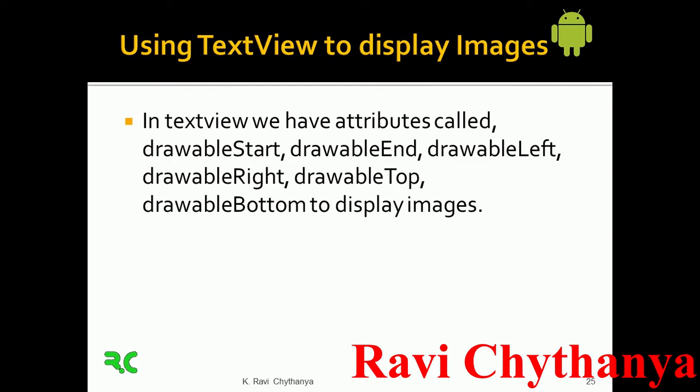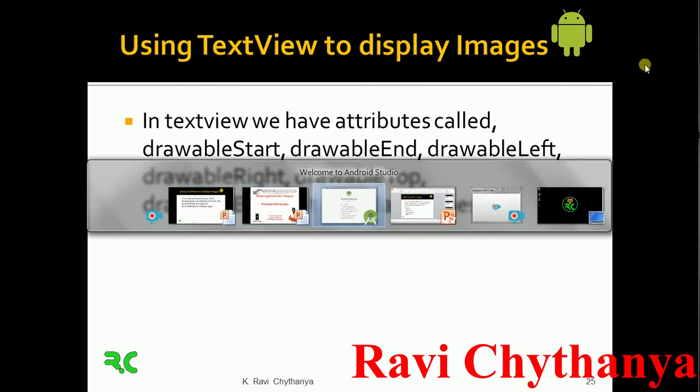If I use drawableTop, the image will be on top of the text I am going to display in the text view. Let us move on to the example and look at how to use drawableTop, drawableLeft, drawableStart, and drawableRight to display the images in the text view.